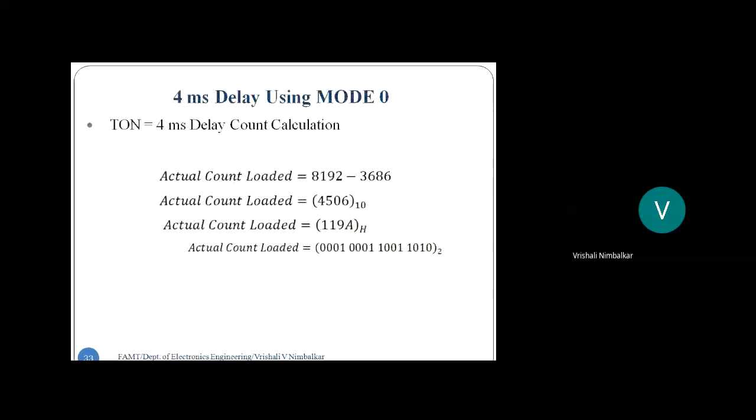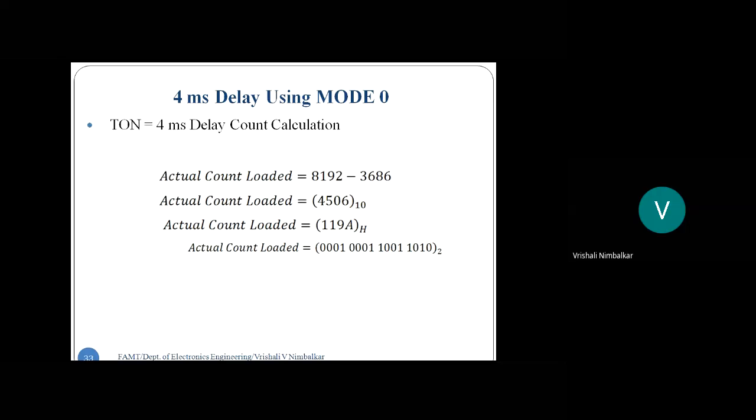Fine. Okay. Up till now we saw the delay program and square wave program using mode 1 and using mode 2. Now we will see the same delay program or the same square wave generation can also be obtained using mode 0. What is mode 0?